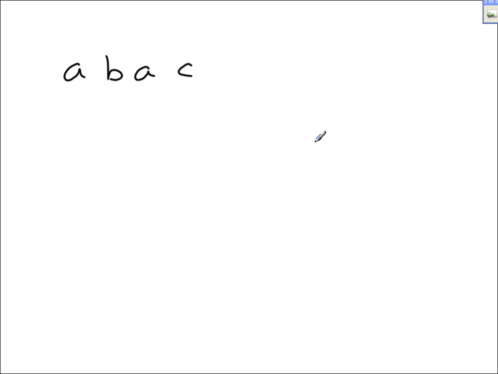Two of those letters are the same. So right now, let's call it A1 and A2. There are 4 letters. 4 factorial is 24. There are 24 different ways to write this.